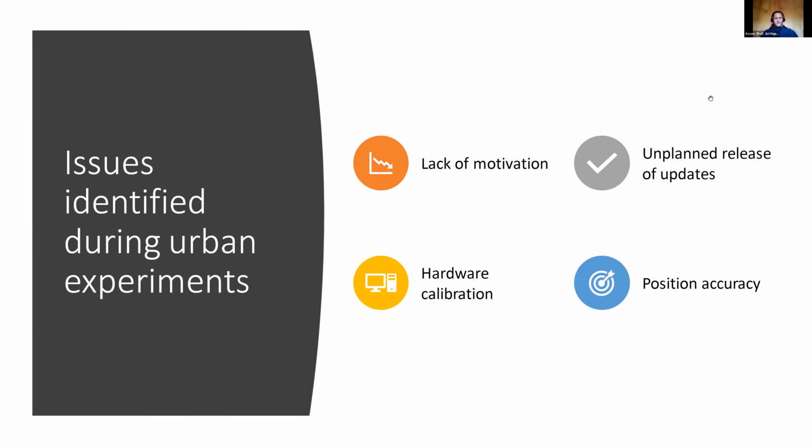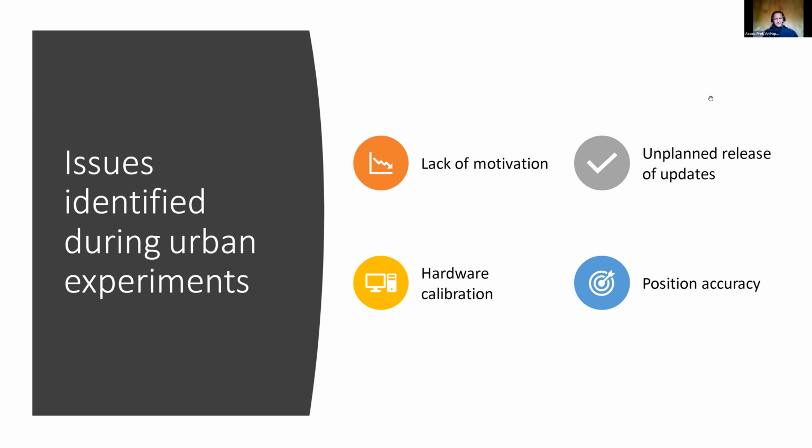And let's say in the big picture, you can identify these problems. I just mentioned hardware calibration and a lack of motivation. Gamification could solve those issues, but it's not the only one. Users can have a lack of motivation.